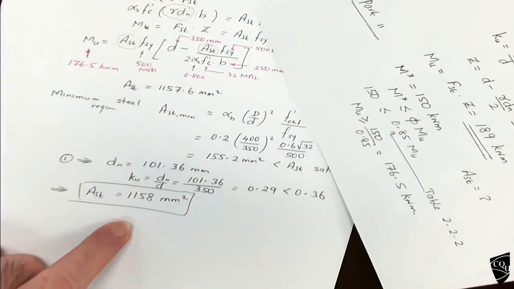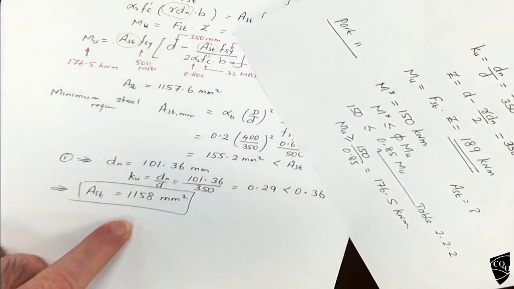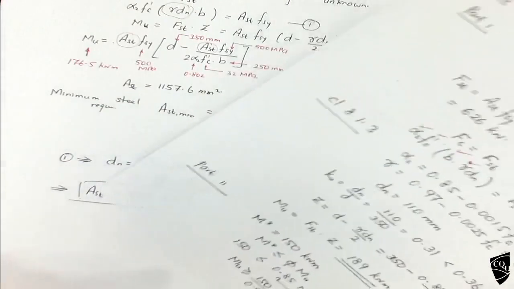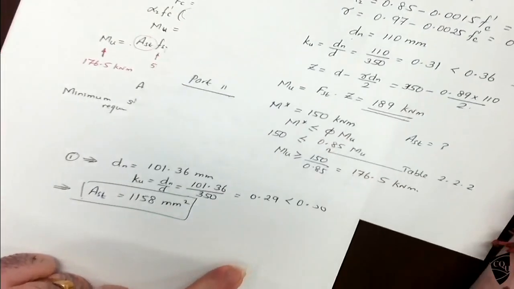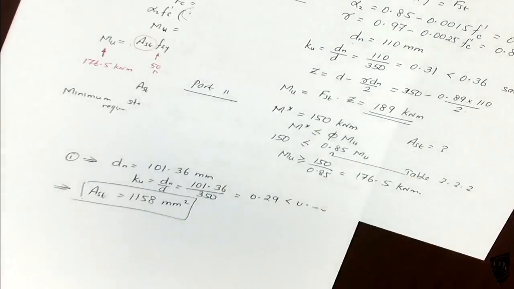Then the AST is 1158, a little bit less, so the MU is also a little bit less, 176. What does that mean? If we need more moment, we need more steel. When you increase the steel, the MU will increase. Do you think that is the case forever?